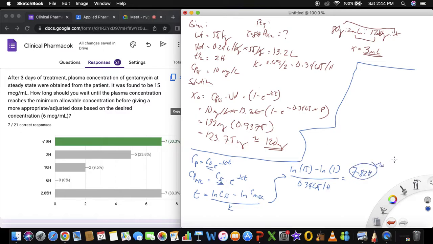Or, sabihin na natin, 8 hours. So, meaning class, you have to wait for 8 hours, okay, before giving the next dose na adjusted na. Yung next adjusted dose mo na. That would give you a plasma concentration of 6 microgram per ml.